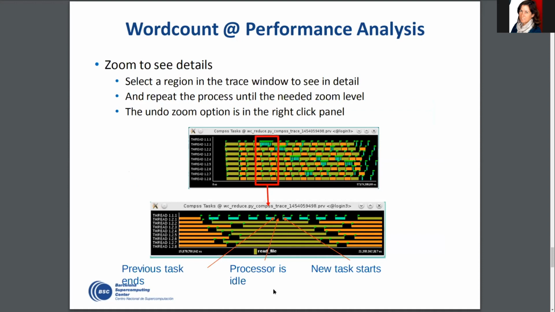In addition, it allows you to zoom in or zoom out to try to identify any kind of thing or issue that may have happened. And you may see that it is useful to detect when the processor is idle, which is the black parts that appear between tasks. So the shorter they are, the better.